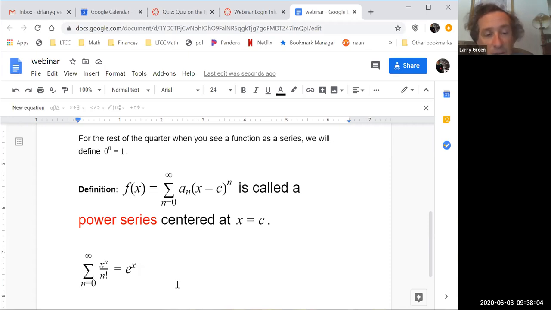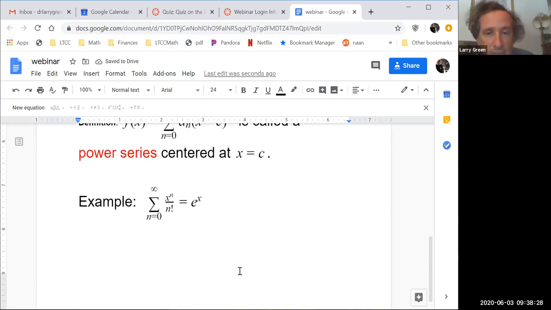I know e to the x is a simpler way of writing things, but there are some things that are easier to do with power series than with e to the x. I promise you, and we'll do that another day. So this is an example, and that is the big e to the x power series. Any questions on that?